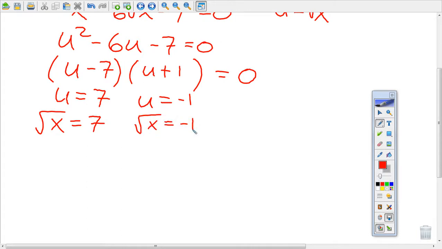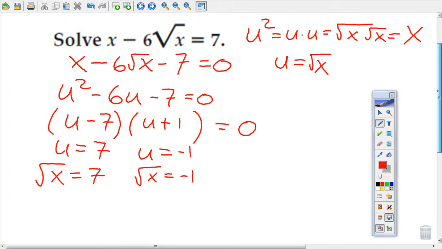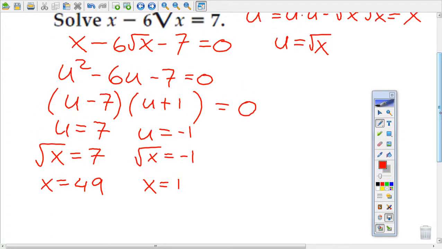How many answers should I expect? Can we come up with that? You're feeling 49, okay. And what else? 1. Now, why do I go back and check these answers all the time? Because there are radicals in there, and the radicals will always produce these extraneous solutions.